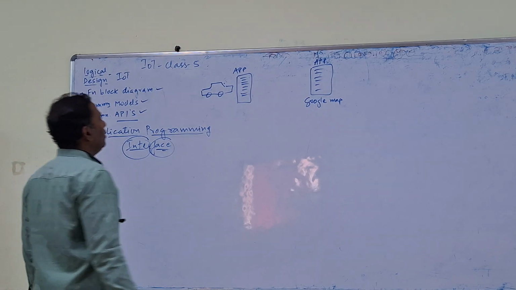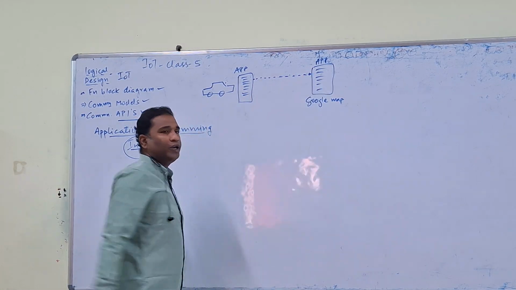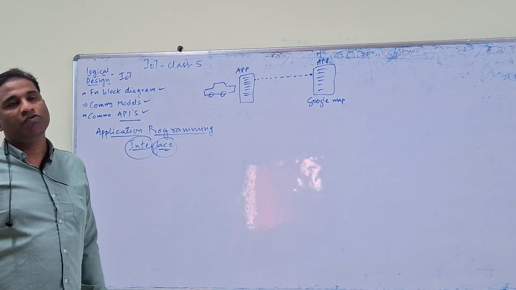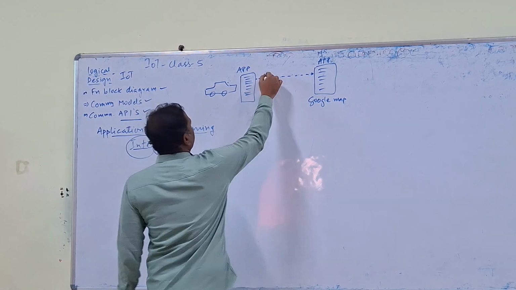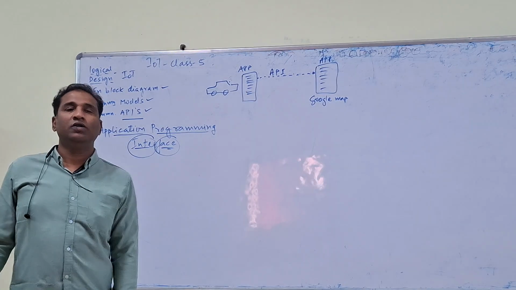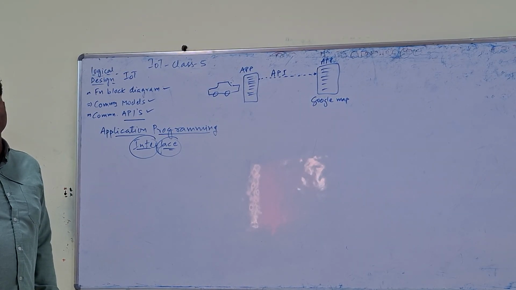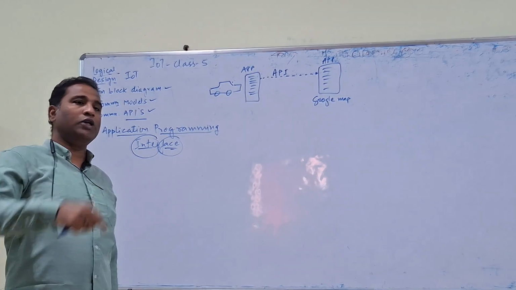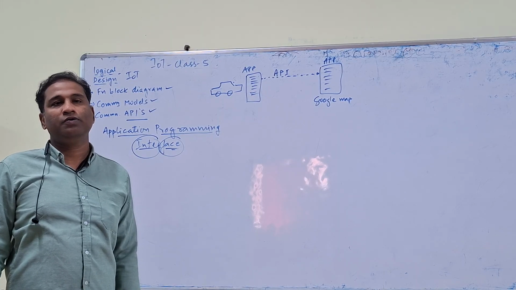So he will request just some intermediate component to get that information. That component we call an API, Application Programming Interface. Suppose you use UPI transactions to transfer money, Google Pay, PhonePe.